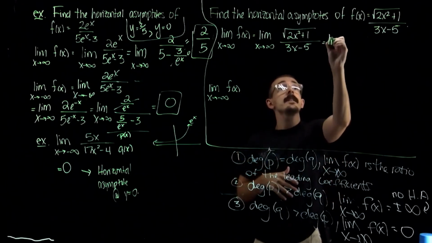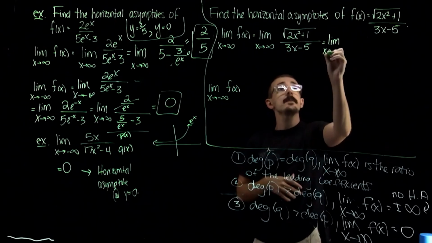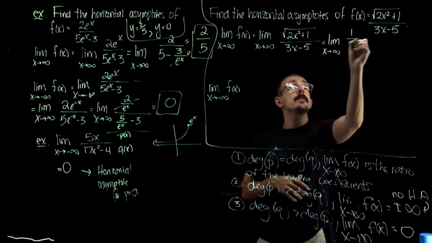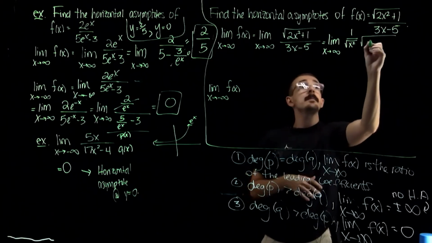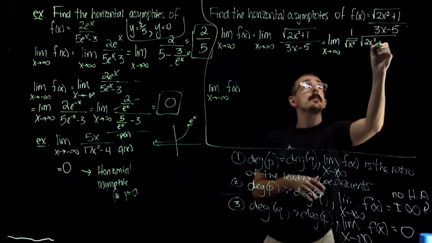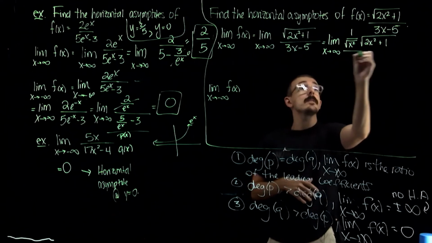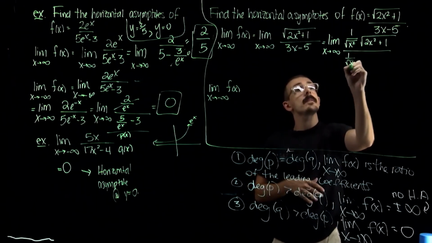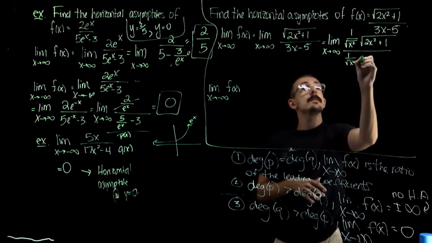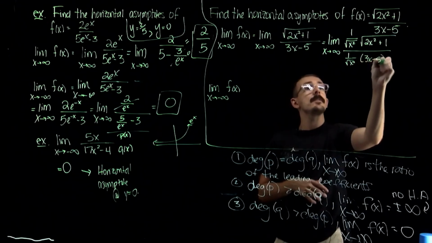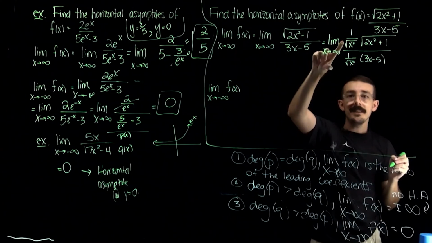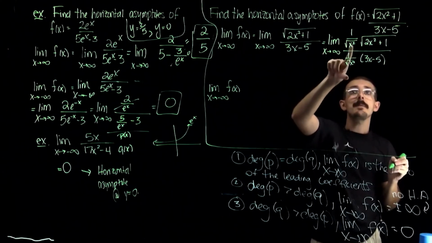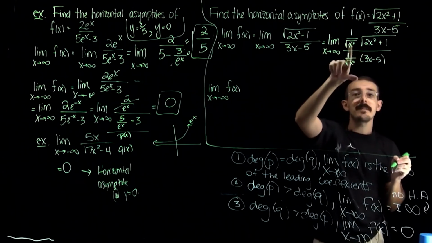So this is going to look like the limit as x goes to infinity of 1 over the square root of x squared times the radical of x squared plus 1, over 1 over the square root of x squared times 3x minus 5. So all I've done from this step to this step is I picked this particular expression because I'm going to be able to multiply the radical into the radical here.